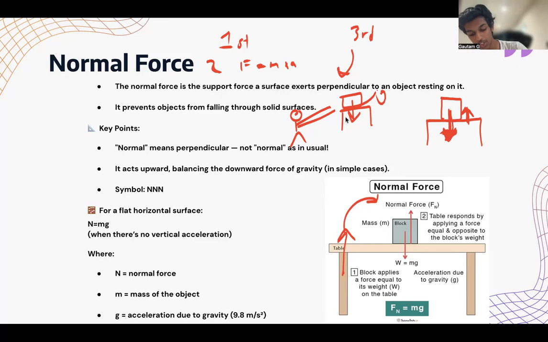So this table's job is to apply a force upwards onto this box so it doesn't go through the table. That's the whole point of a table. So you can think of this normal force as the table keeping this box up by applying the force upwards, right? Does that make a little more sense?